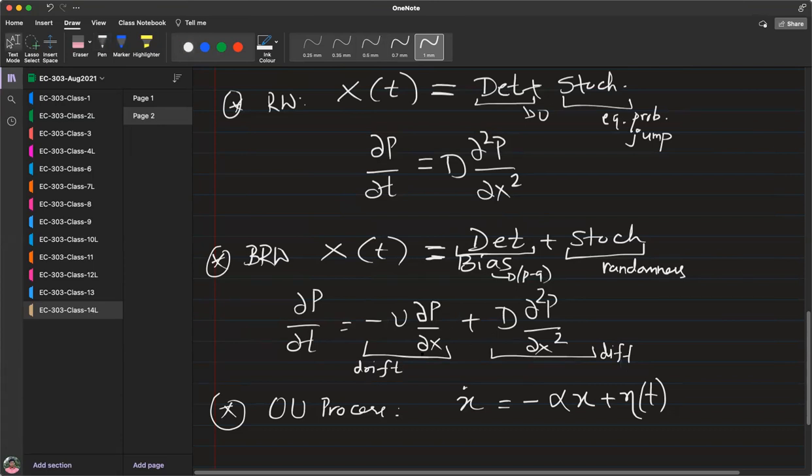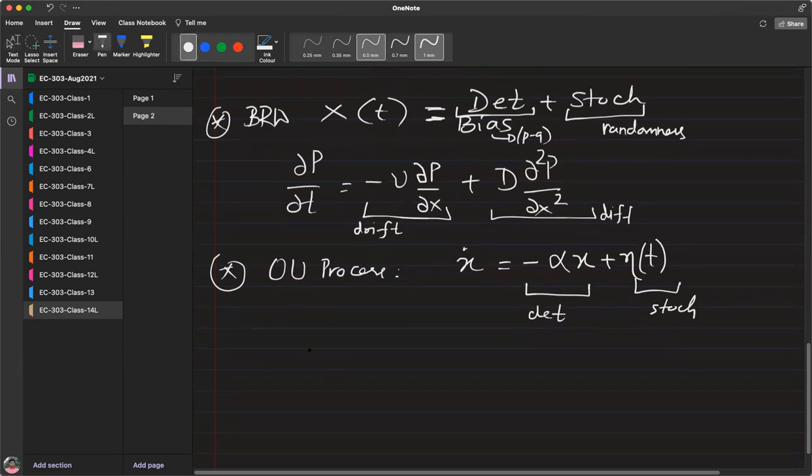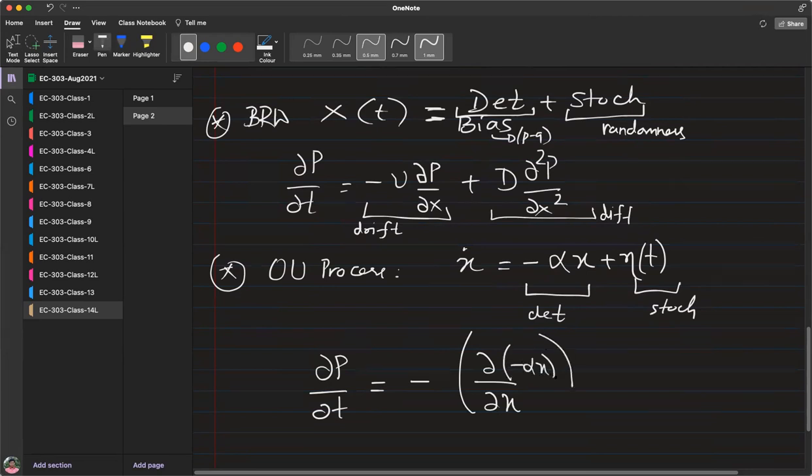Okay. Now let's come to the OU process. This is the deterministic part. This is the stochastic part. So if I were to be inspired by this, we can maybe conclude in the following way. The deterministic part is this. Now of course, this is totally heuristic. Unless one proves it mathematically, we cannot be sure.